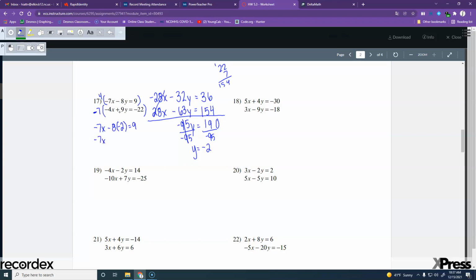We actually should get a positive 16, just because you're doing negative times negative there. And we're going to get negative 7x equals negative 7. So if we divide both sides by negative 7, x equals 1. So we get the point 1, negative 2.